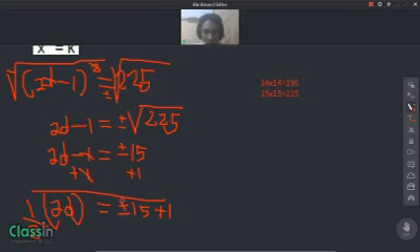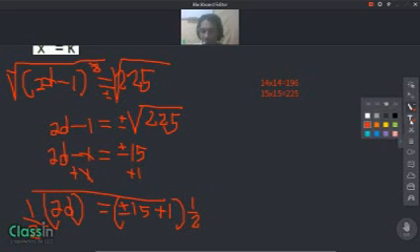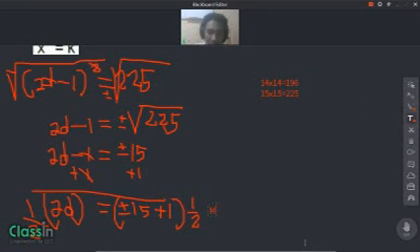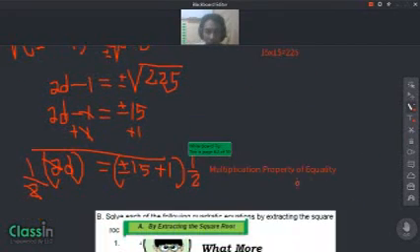And also here, we will multiply by 1/2. So cancel out 2; 2 divided by 2 is 1. And what is left now is d.